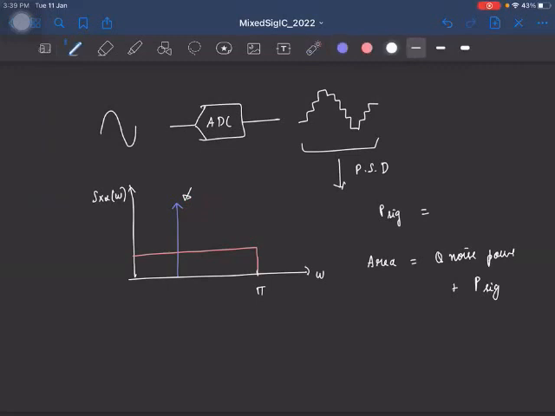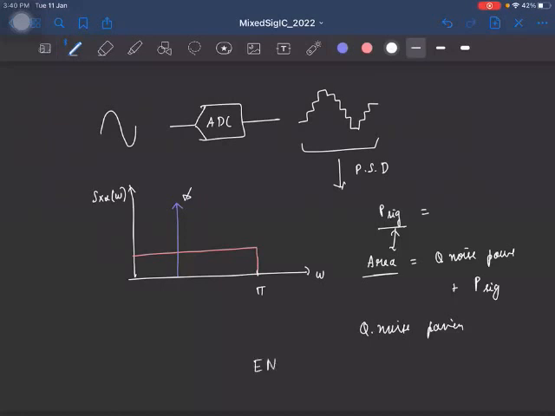Since we already know the signal power, we can take the difference of this with this. That will give the quantization noise power. And then we can take the ratio of the signal to noise power. So this is how we can find the signal to quantization noise ratio.